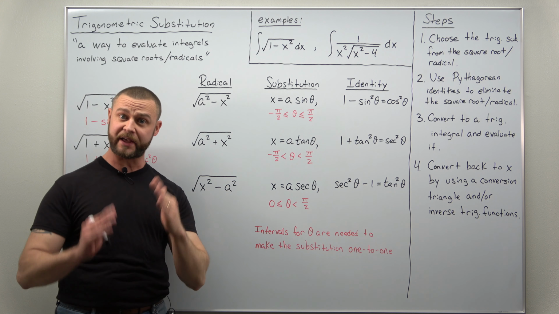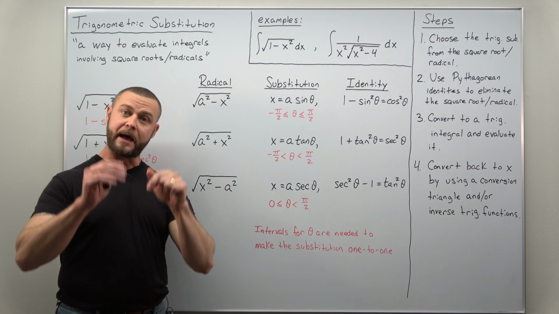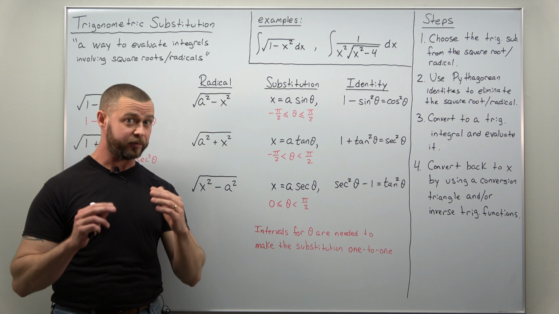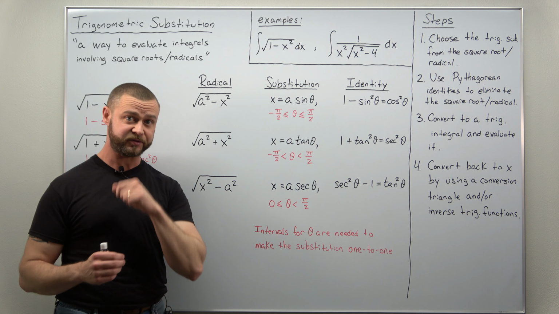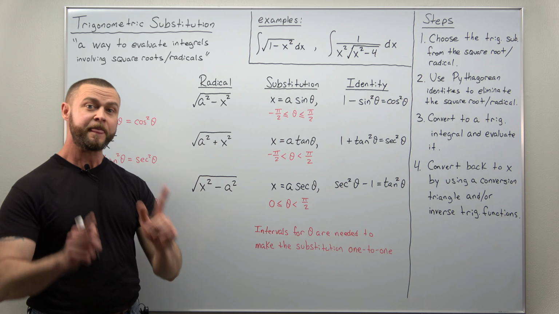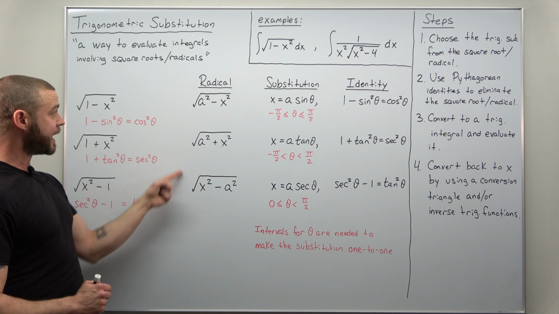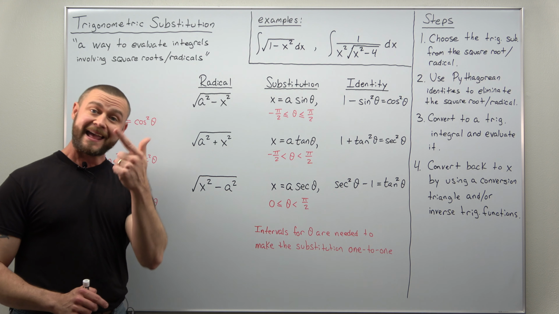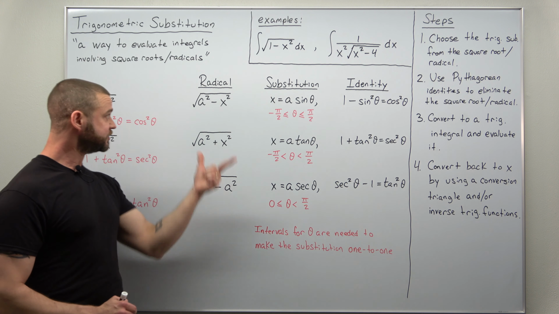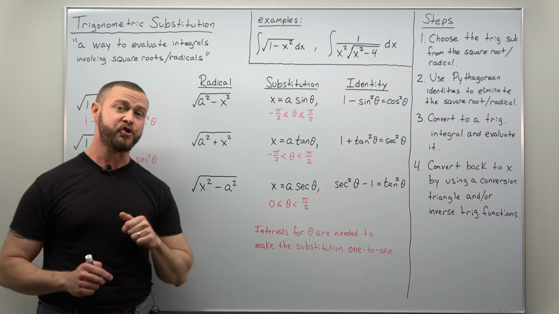So here, a is just a real number. Now, the way we start these problems, for what's called trigonometric substitution with our steps up there, is we basically just make an identification from our radical or square root, and each of those radicals has a corresponding substitution.